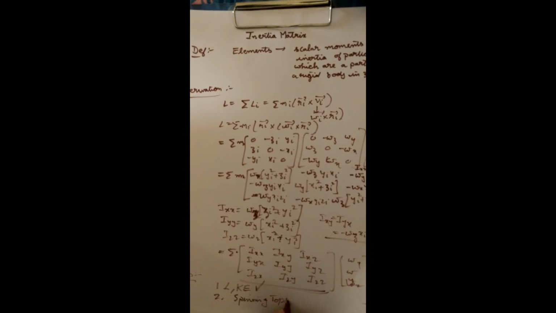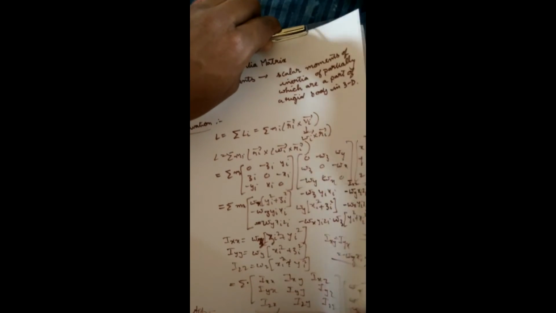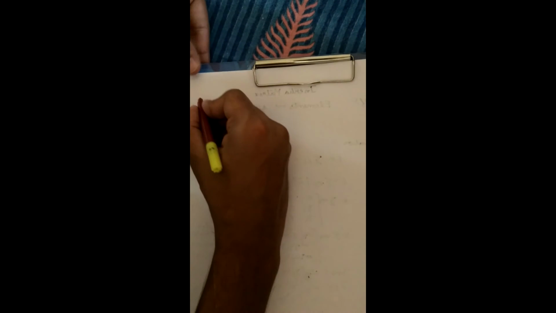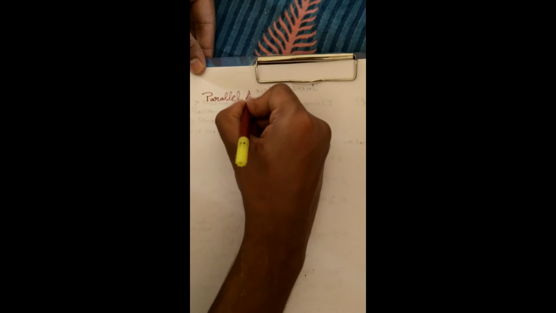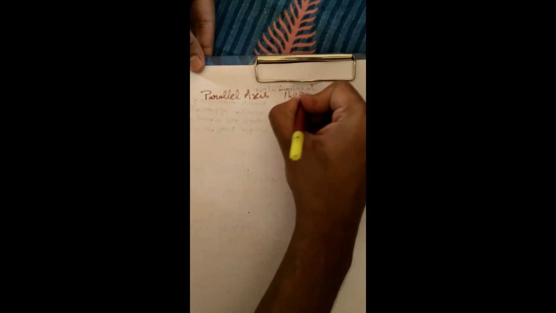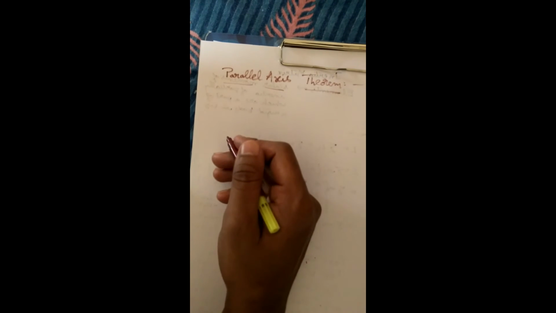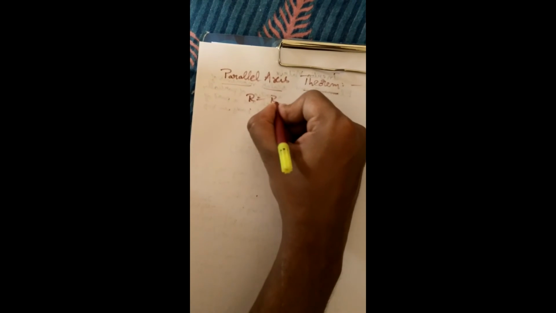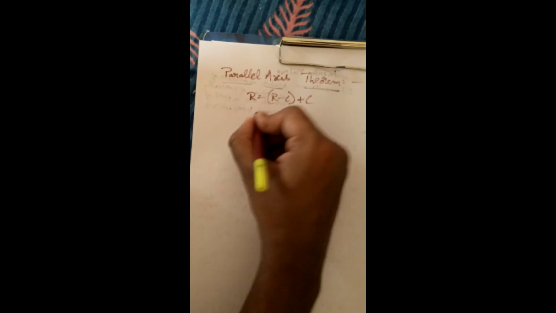Now we'll see the parallel axis theorem, which gives the inertia matrix about any point r relative to the center of mass. Let the particle be at any point r, which can be written as r minus c plus c with respect to the center of mass.